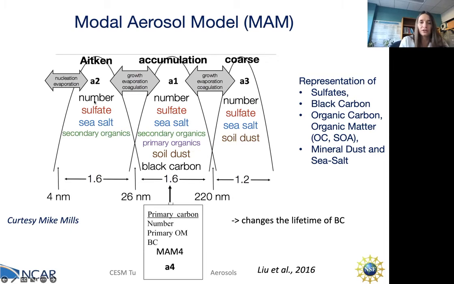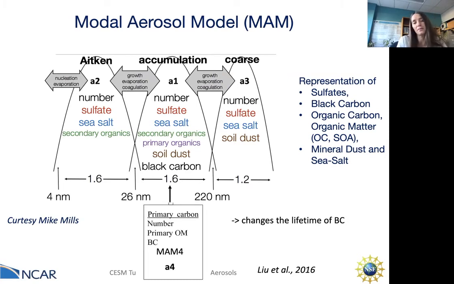The aerosols are internally mixed in these modes, and as I said, they represent the aerosols quite well both in the troposphere and also in the stratosphere in both CAM-chem and WACCM. The primary carbon mode has been added, which is now the MAM4 mode, which is basically adding somewhat to the accumulation modes in order to be able to consider changes of black carbon with time, because it changes its hygroscopicity, ages and becomes more hydrophilic with time and gets rained out.